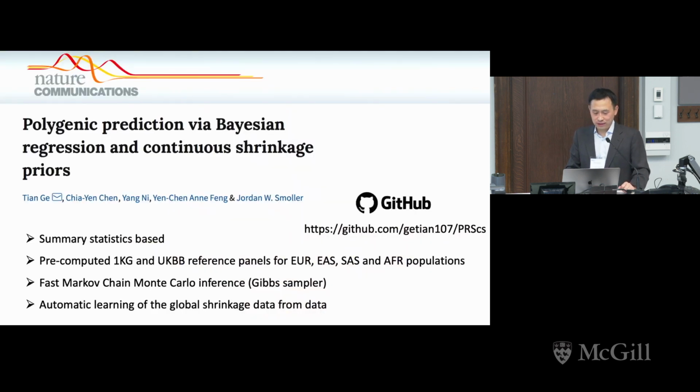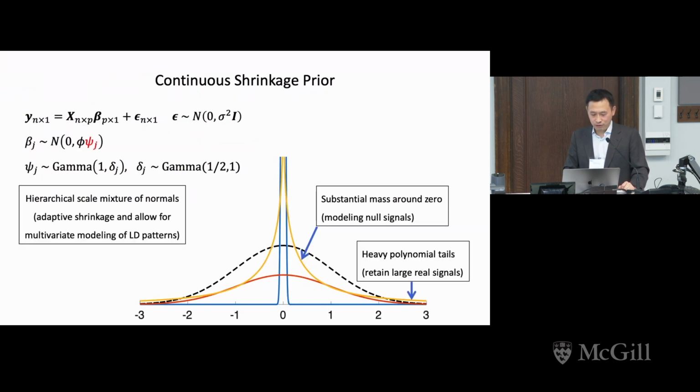So this was built on PRS-CSx, the continuous shrinkage approach. Just to refresh everyone's memory, this is the equation you have seen numerous times in this slide, which is simply a summation of your genotype times the effect. The effect is not from the GWAS, but from the regularized, Bayesian approach that's been adjusted for causality, LD, and the GWAS effect.